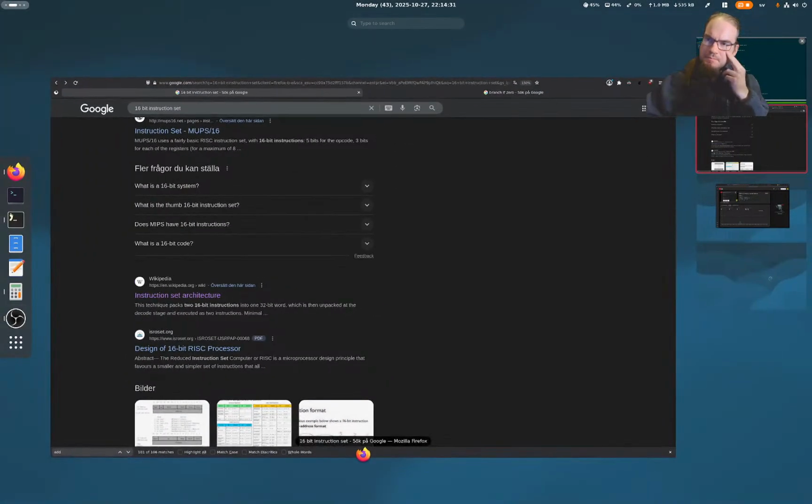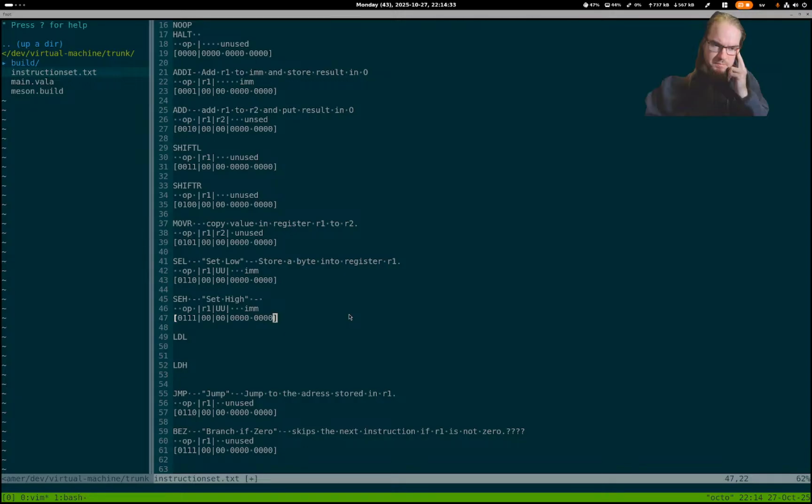I do have 14. I'm up here to 7, so I have more opcodes to use.